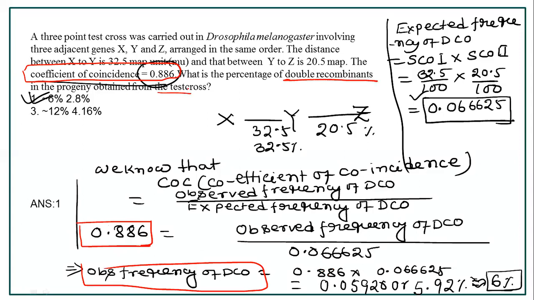You get the expected frequency of DCO by multiplying single crossover 1 into single crossover 2, so 32.5 into 20.5 by 100. From here you get the expected frequency of DCO, and the observed frequency of DCO is almost 6%. So hope that makes it clear. Thank you.